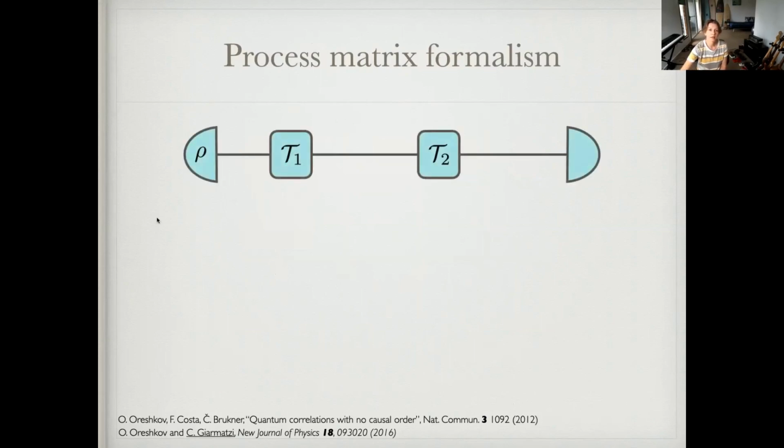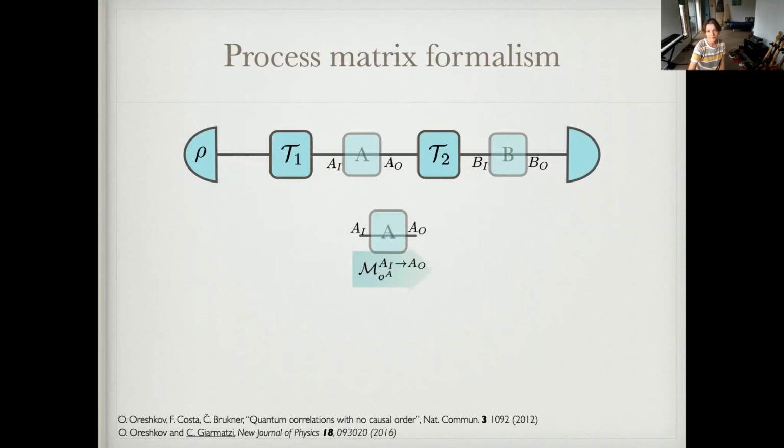So here you have a process that only has two transformations. You have your state, transformations, and some measurement at the end. In order to describe that, this formalism requires that you put some measurement stations in some parts of the process, such that you obtain information and describe the process. These measurement stations have input and output Hilbert spaces, denoted by AI as input, AO as output, and BI, BO.